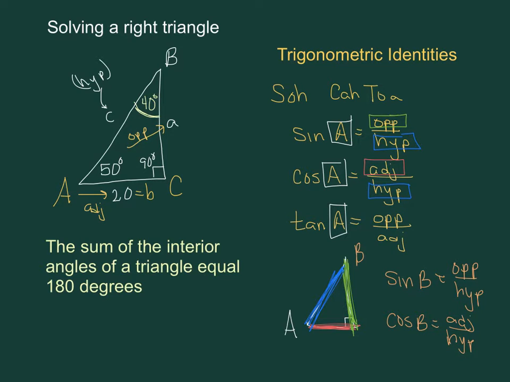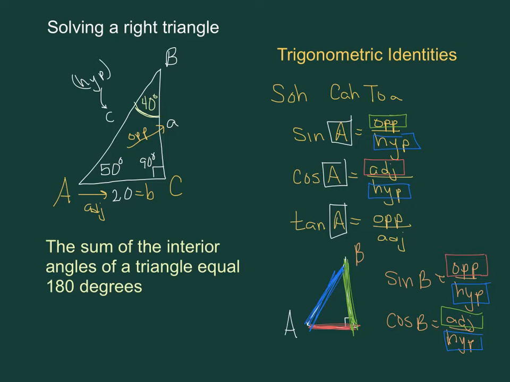Now check this out. The hypotenuse is still blue in both cases, but the opposite side is now red and the adjacent side is now green. So you notice it's all relative. What angle are you working with, and how does that relate?